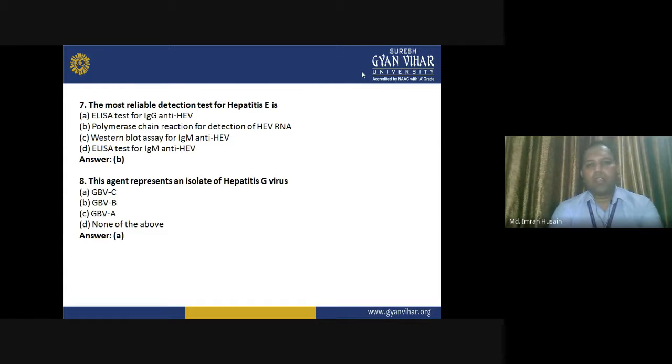Most reliable detection test for hepatitis B is the polymerase chain reaction for detection of HEV-RNA. This agent represents an isolated hepatitis B virus, that is GBC.